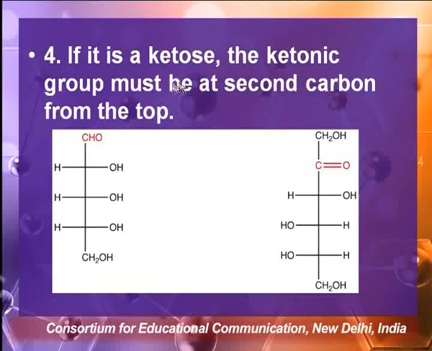Now if it is a ketose, that is, the sugar has hydroxyl groups along with a ketonic group, in that case the ketonic group must be at the second carbon from the top. The ketonic group is the CO group. We put it at the second position, because we have to give the highest position to the most oxidized end.